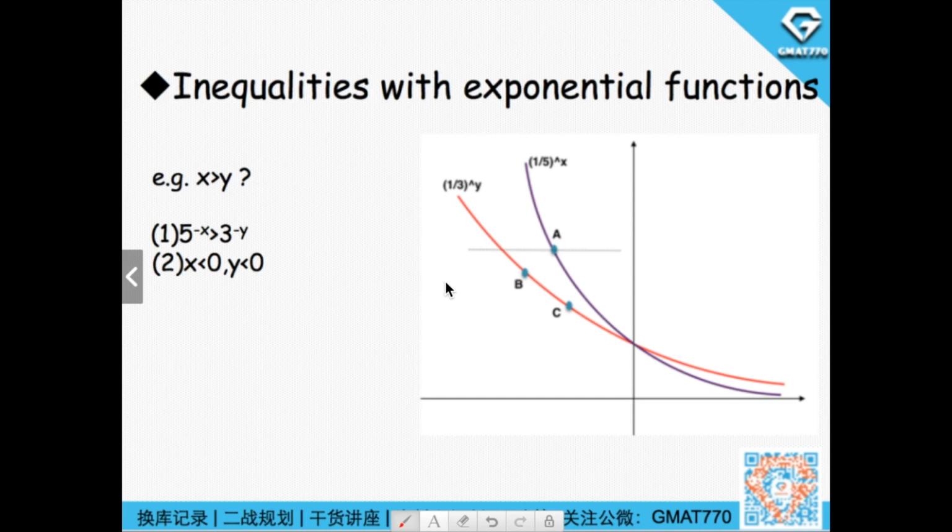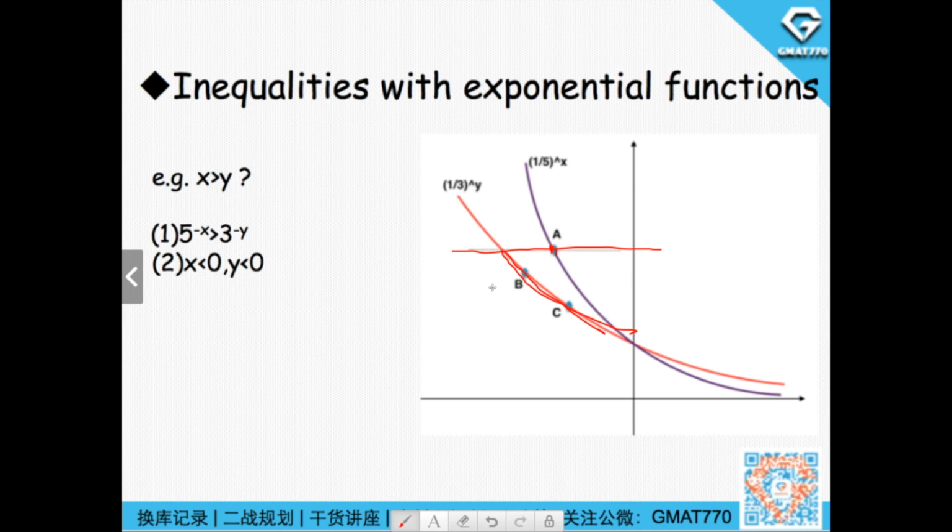So let's find a point on the purple one, point A here, and draw a horizontal line across point A. All the points on the red line under this horizontal line satisfy statement 1, right? All the points here satisfy statement 1 since they're under point A.